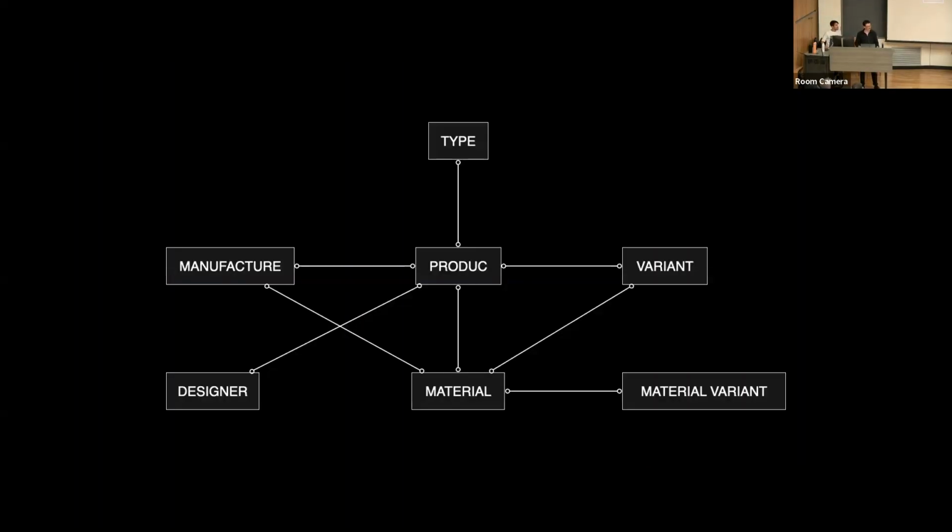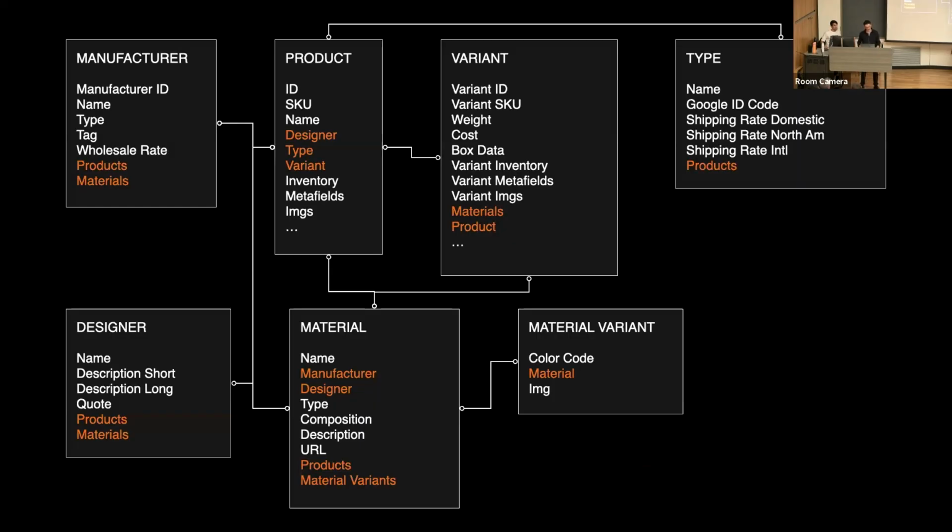Very similar to the graph shown earlier, this is the actual database architecture we use for our e-commerce backend at Rarify today. We've got products, we've got materials, manufacturers, designers, typologies, etc. And there are numerous relationships between each of these data and their attributes.